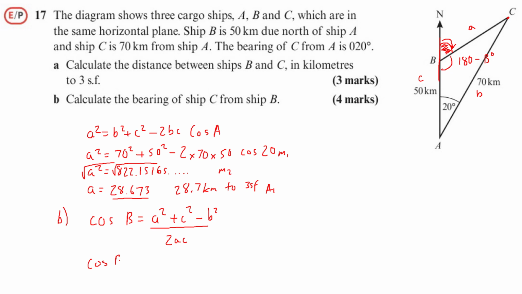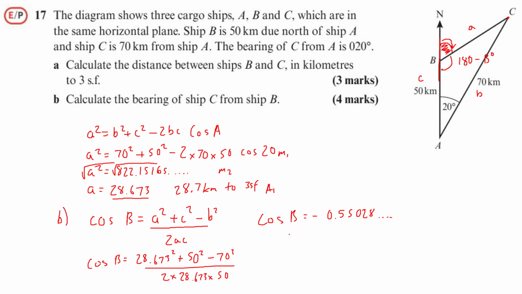Cos B is going to equal 28.673 squared plus 50 squared minus 70 squared all over 2 times a times 50. Use your calculator and you should get cos B equals minus 0.55028.